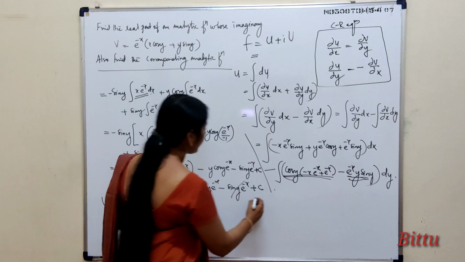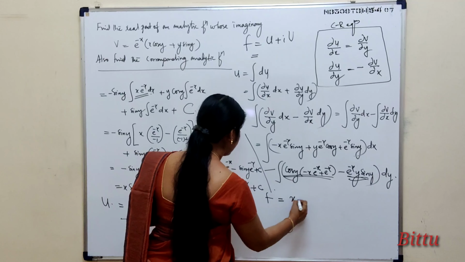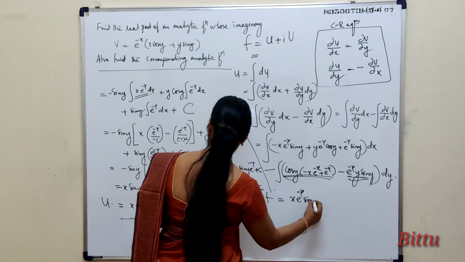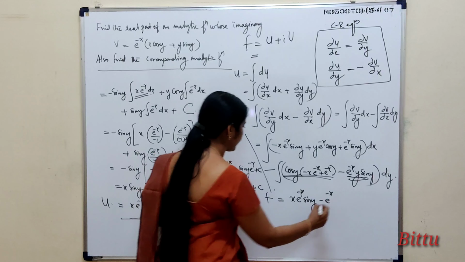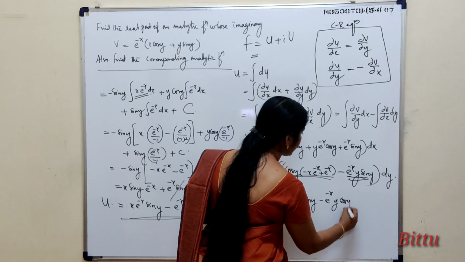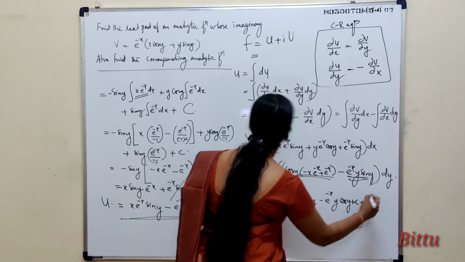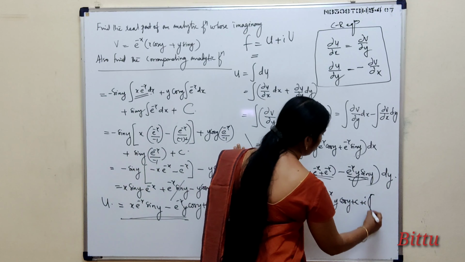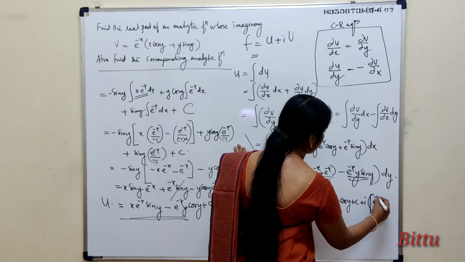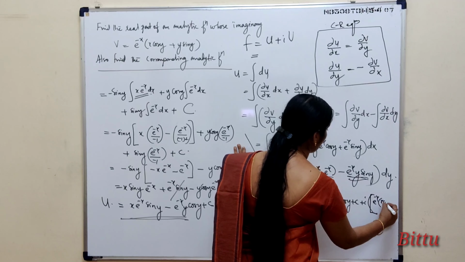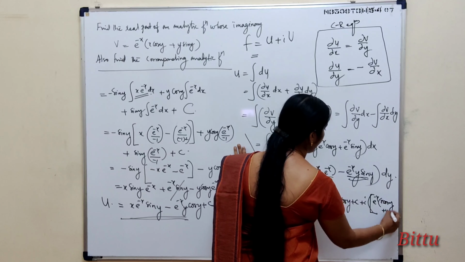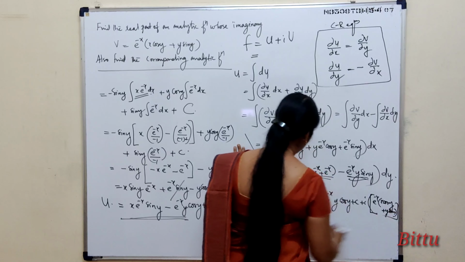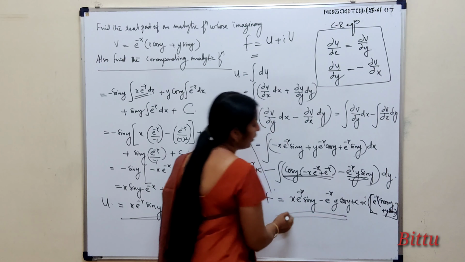So, you can see f is x e^(-x) sin y minus e^(-x) y cos y plus c plus i into our v, which is e^(-x) into x cos y plus y sin y. See, this is the corresponding analytic function.